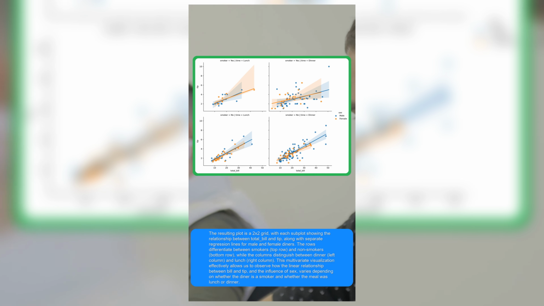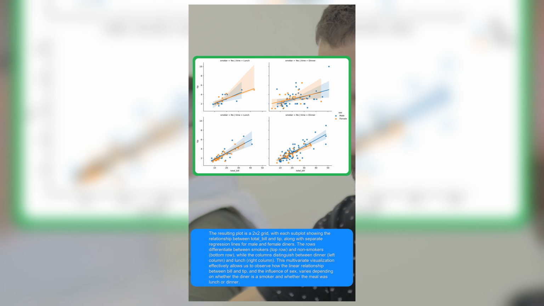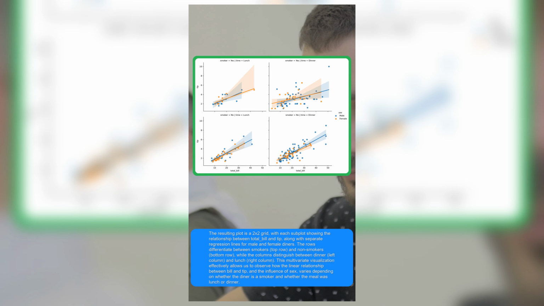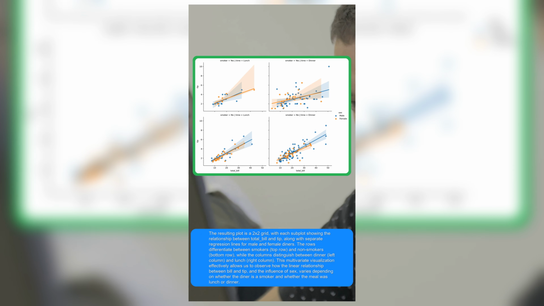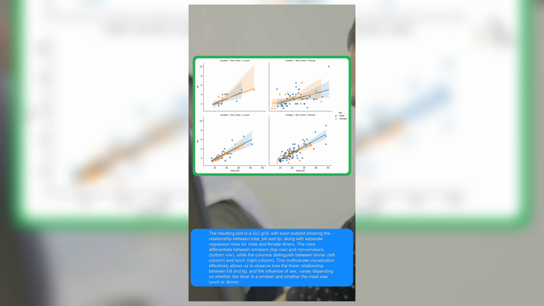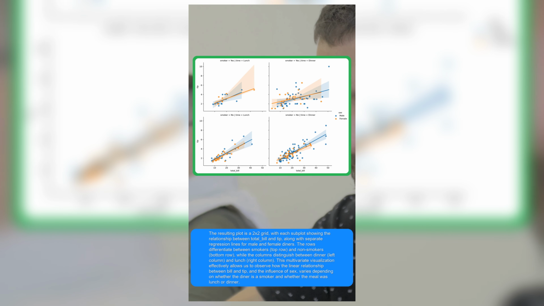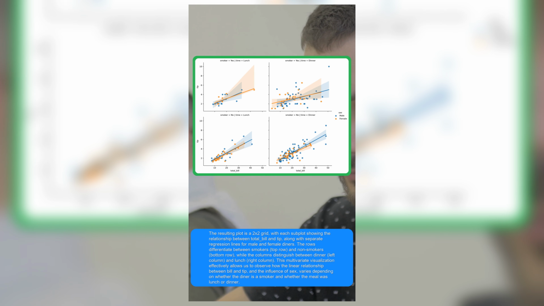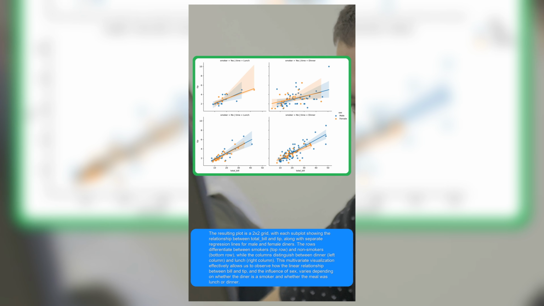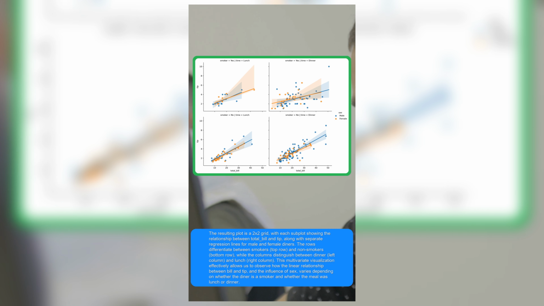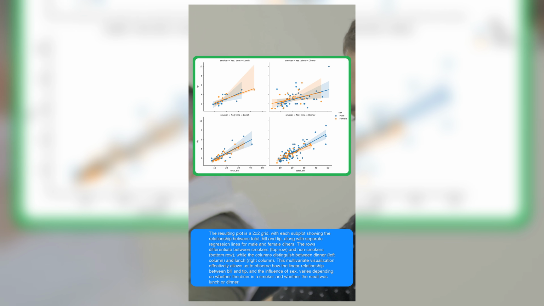The resulting plot is a 2x2 grid, with each subplot showing the relationship between total_bill and tip, along with separate regression lines for male and female diners. The rows differentiate between smokers, top row, and non-smokers, bottom row, while the columns distinguish between dinner, left column, and lunch, right column.